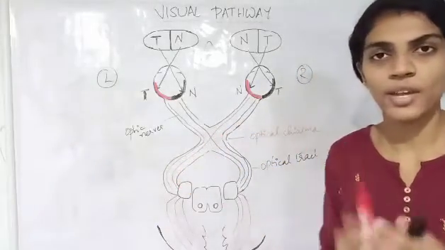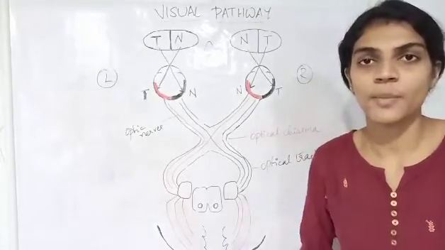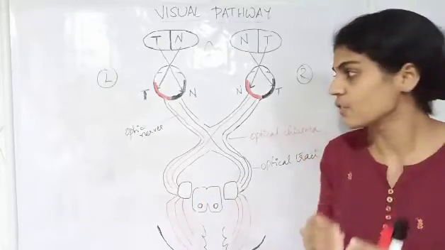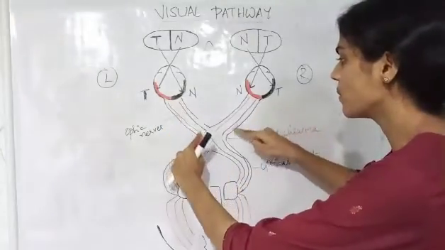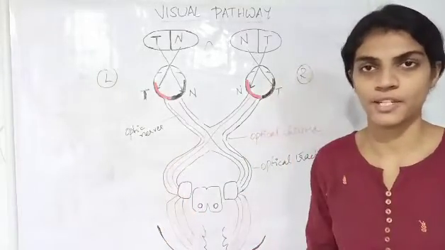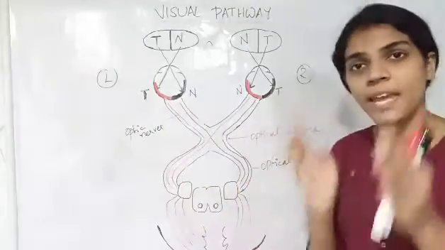You can find two kinds of nerve fibers here: ipsilateral nerve fibers and contralateral nerve fibers. Ipsilateral nerve fibers are the fibers which do not cross at the optic chiasma; they follow the same side only.